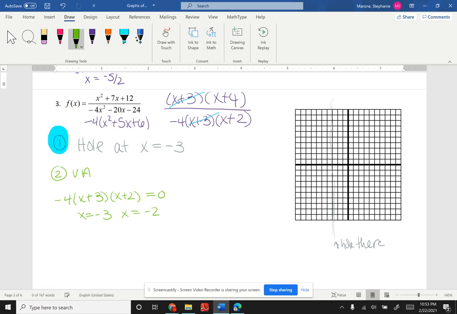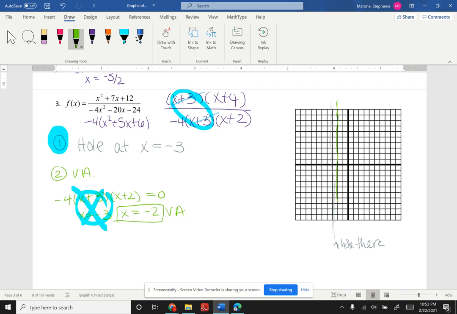So again, those are the 2 values where there's vertical asymptotes. However, remember that you need to keep in mind that there is a hole at that -3. Because there's a hole at that -3, it's not a vertical asymptote. This one is the only vertical asymptote.